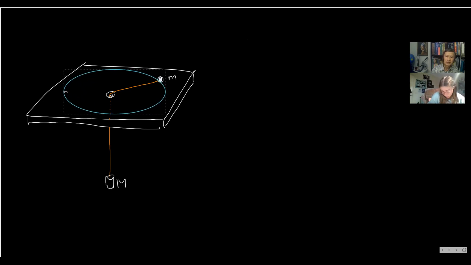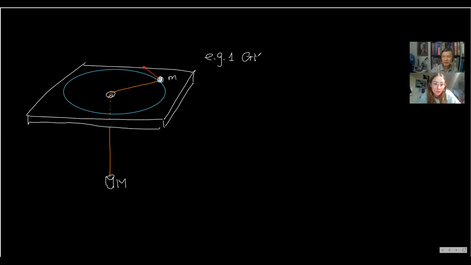Now, if we can measure the velocity, this vector is the velocity. This is just the first example.